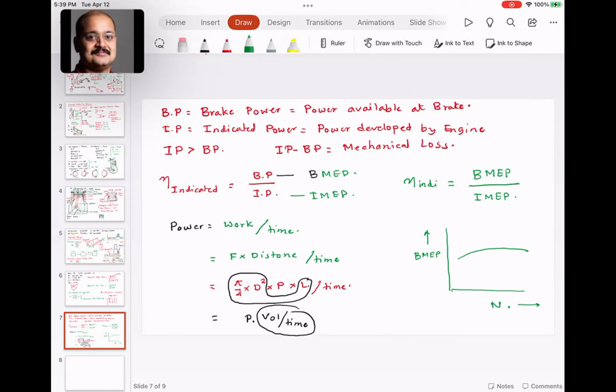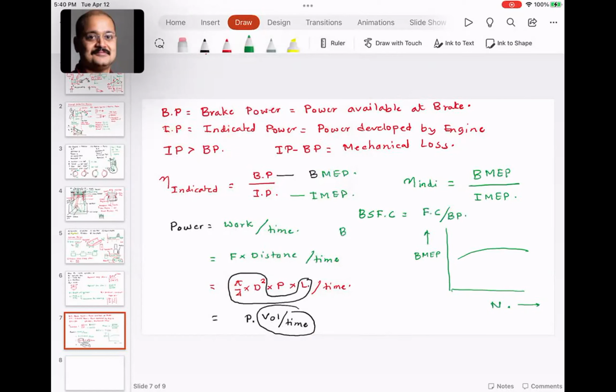Similarly, you can find out the fuel consumption. If you find out the fuel consumption per unit of brake power, that is called as brake specific fuel consumption. So fuel consumption divided by brake power.